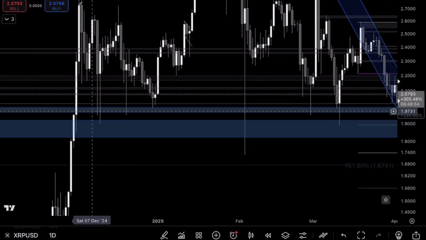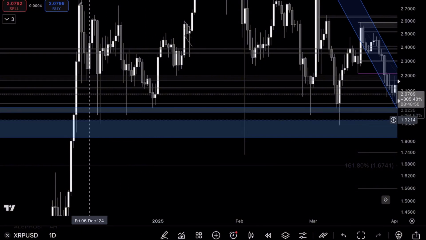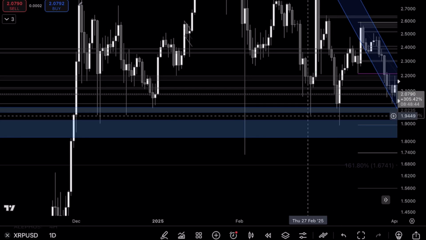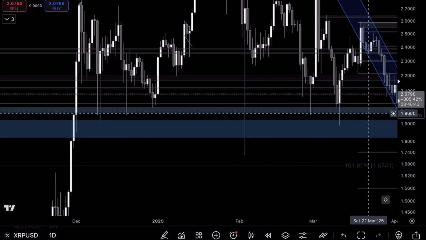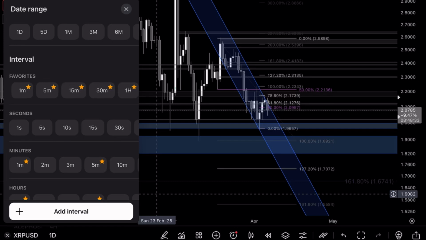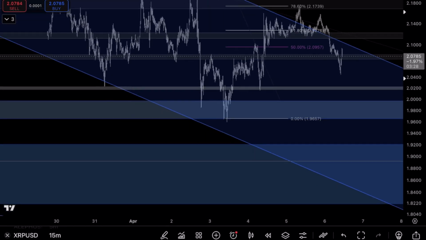Every time it hit this horizontal support level, it would go up just about every time, right? So I knew it was probably a good opportunity to take a buy once it hits this level. Then I go down to my lower time frames, like the 15-minute, 5-minute, even down to the 1 minute, to manage the trade as it happens.